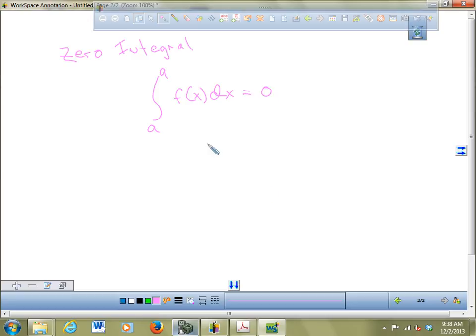In other words, if I have some function, and this is point A and this is point B, but I'm only going from A to A, I don't go anywhere, right? So there are no widths of rectangles to add up. So the area under the curve from A to A, since the width of my rectangle is 0, would be equal to 0.